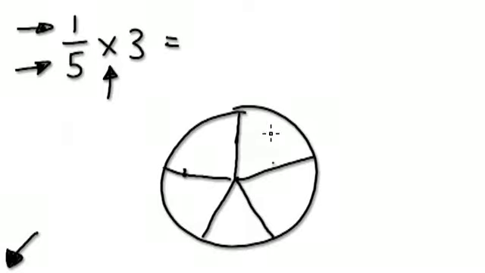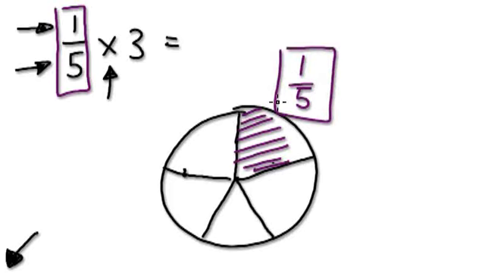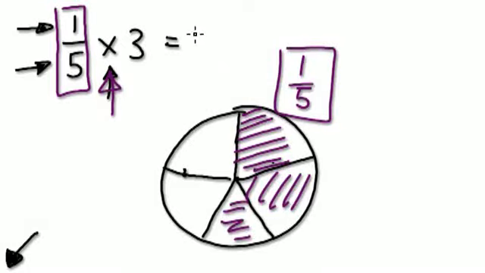So my starting slice is this bit here. That's my starting slice, 1 over 5. Now times 3, I'm going to make an exact copy of this slice 3 times. So I've got 1 already, 2, 3. So the answer is 3 over 5.